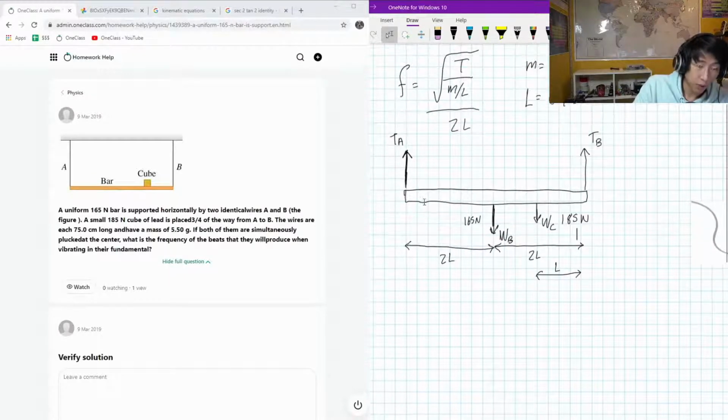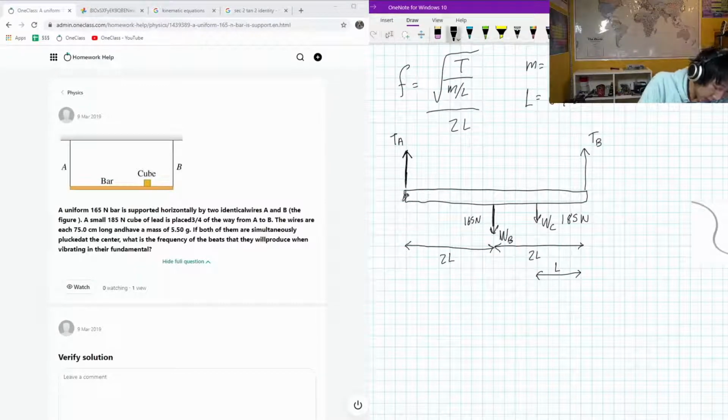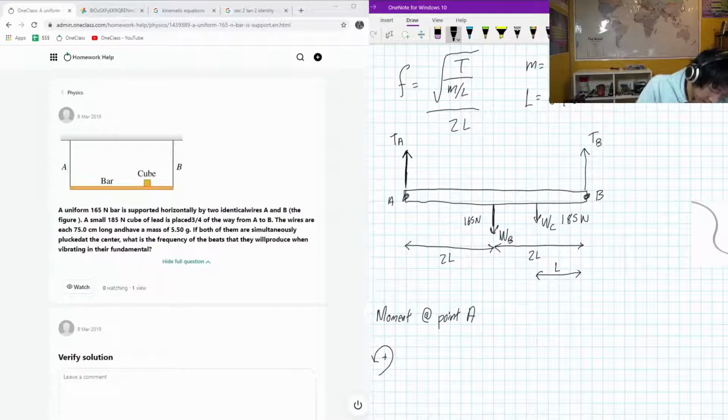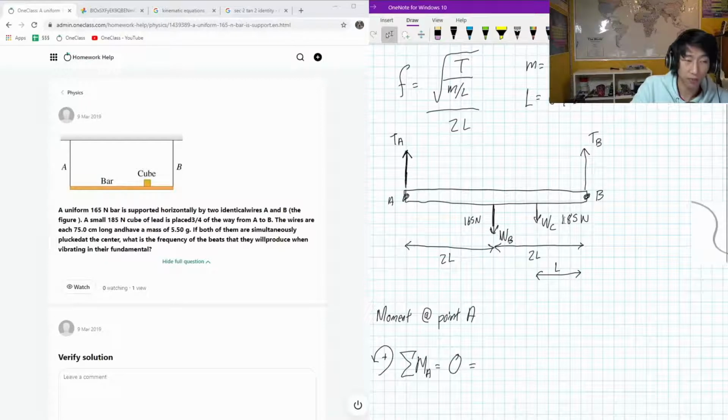Okay, so to find the moment, let's first take the moment about point A. Here can be point A, here can be point B. Moment at point A, and let's say counterclockwise is positive. The sum of all moments about point A has got to be 0.